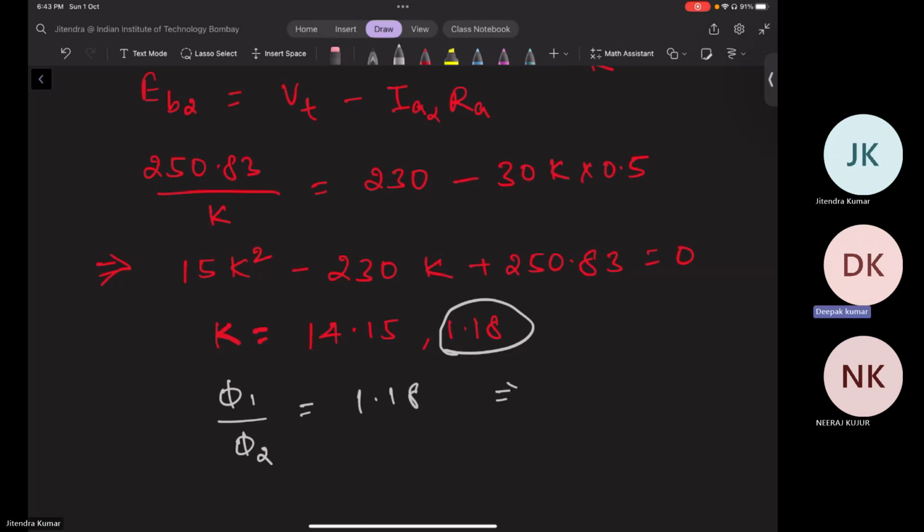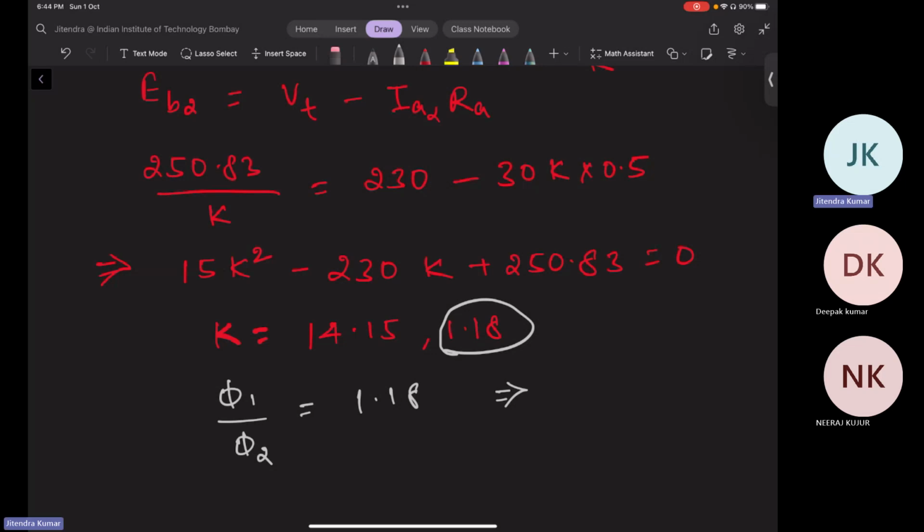Actually, both are valid values. If you reduce to 1/14 times the rated flux, it is also fine. But if you are reducing the flux 14 times, it means you are increasing your speed 14 times if you are maintaining constant power. But here the speed has been just increased by approximately 1.2 times.